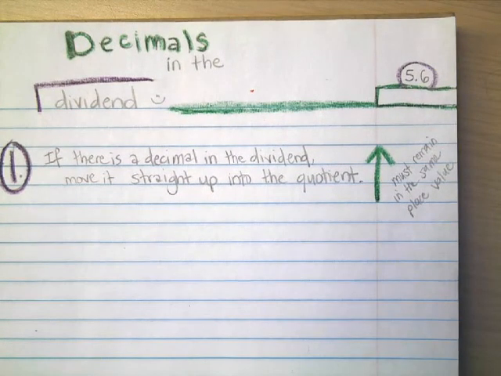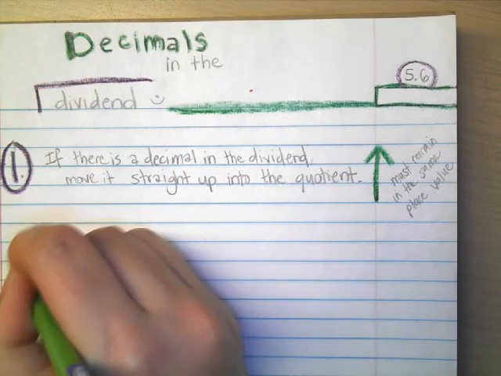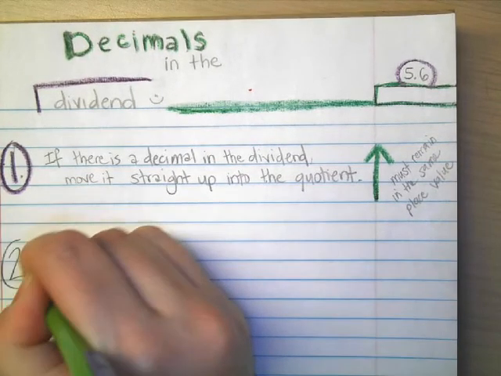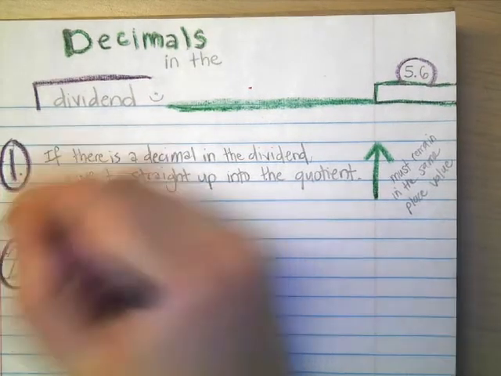And then step number 2, after you've moved the decimal straight up into the quotient, you just continue with normal division. So that's pretty interesting. We're going to do another purple, step number 2. Didn't seem super complicated. Color it purple.